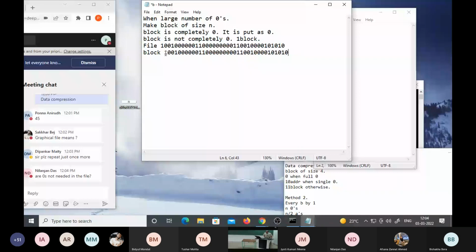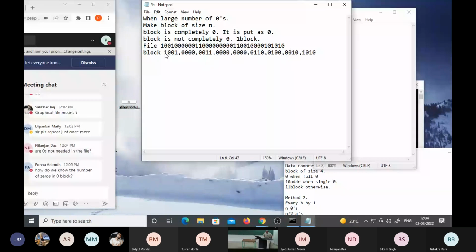Suppose n is 4. We shall come to know. Suppose n is equal to 4.